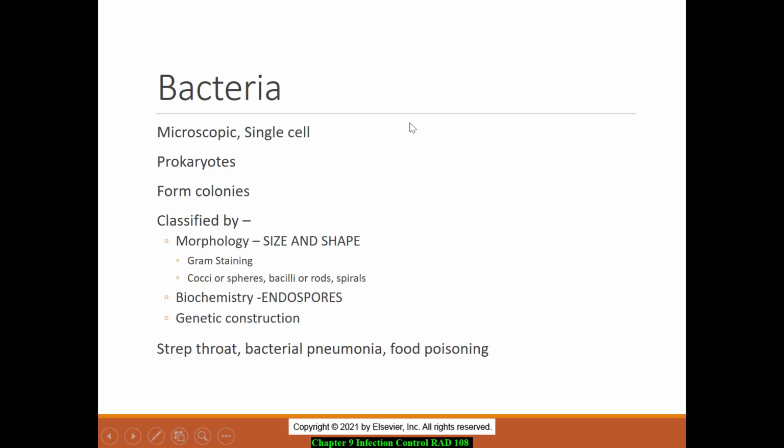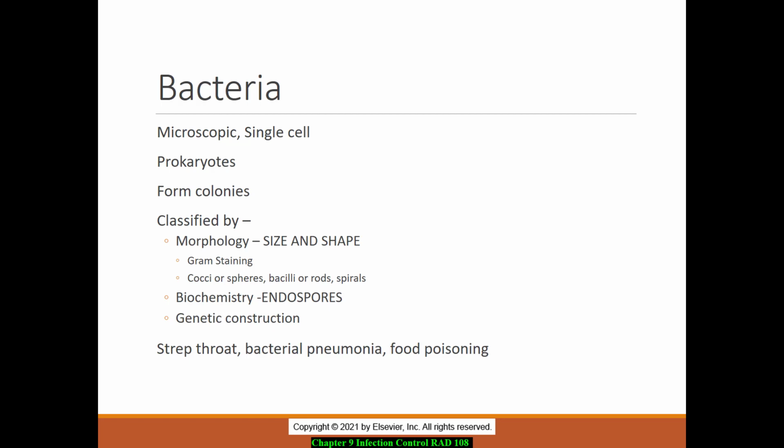With bacteria, some of the things that you should be aware of is that they are a small single-celled organism with a cell wall and an atypical nucleus that lacks a membrane. The cell wall is essential for survival of the bacterium, and it makes a target for destruction by some antibiotics.